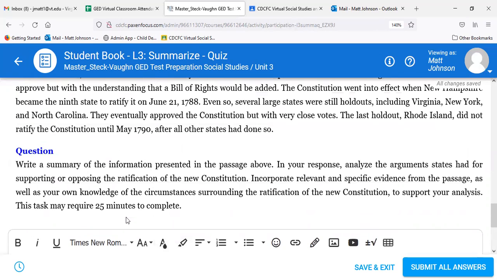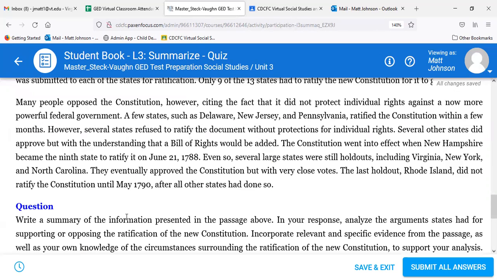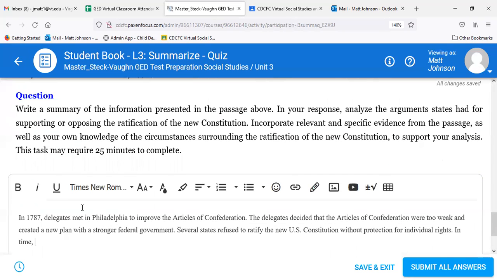Rhode Island was the last state. How about this? So in time, more states ratified the Constitution. Always capitalize Constitution because it's an official document. It's talking about a specific document when we say capital C, Constitution.